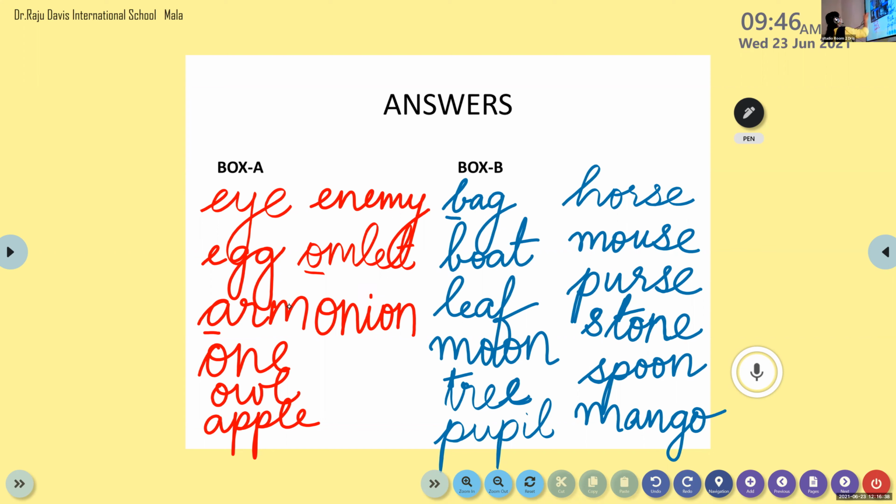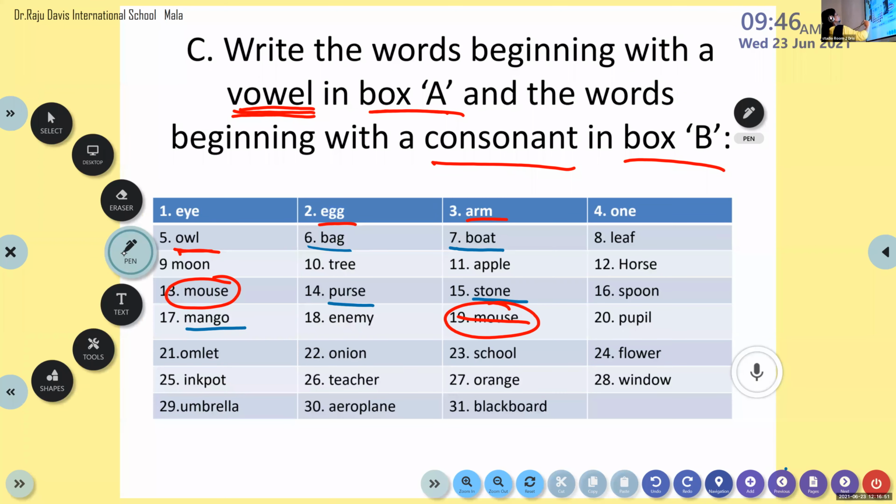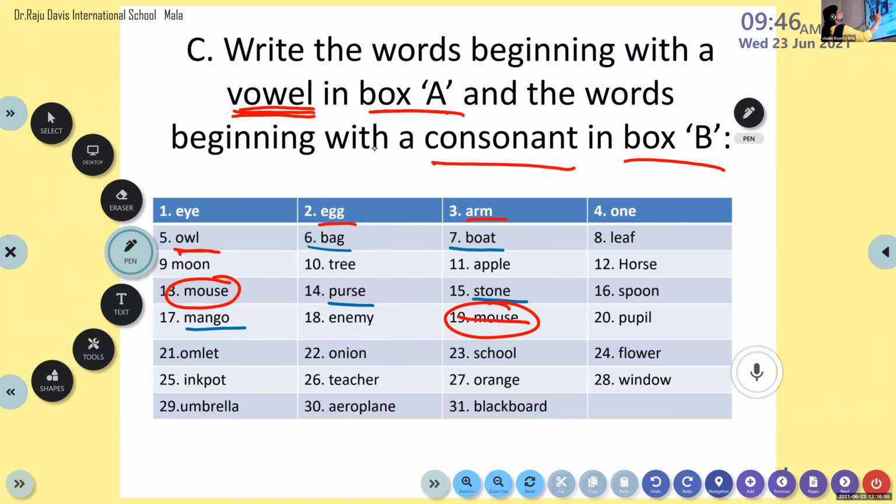Okay. Now let's move on to the next word. So we have finished with the word onion. Now let's move on to the next word. It is school. So who hasn't got a chance here? Asif, you did not get a chance? Asif, come on.